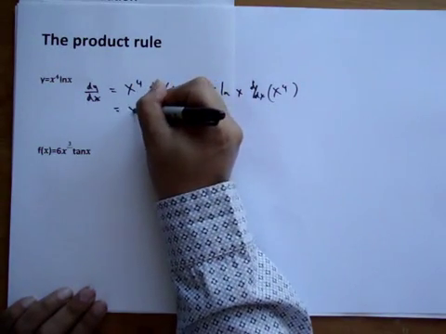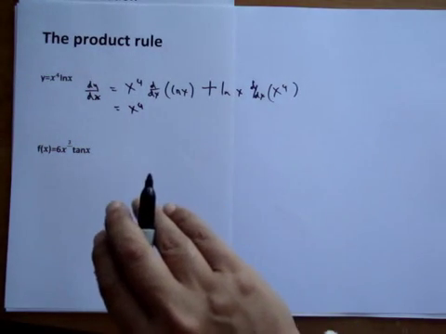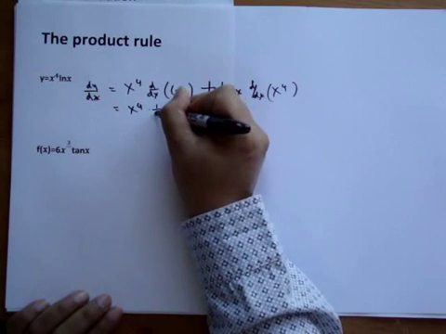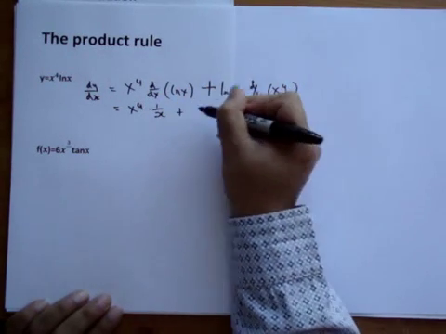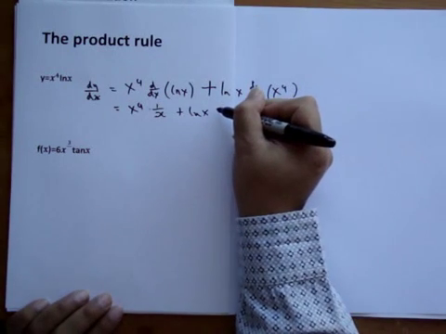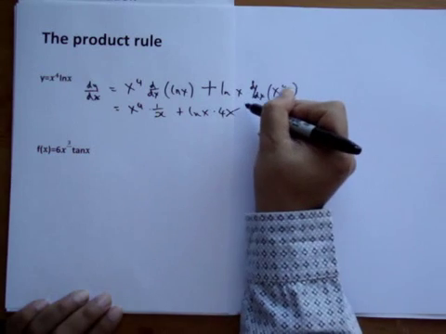When we do that, we get x to the 4, and then the derivative of natural log of x is 1 over x, plus natural log of x, and then when we differentiate x to the power 4, we get 4x to the power 3.